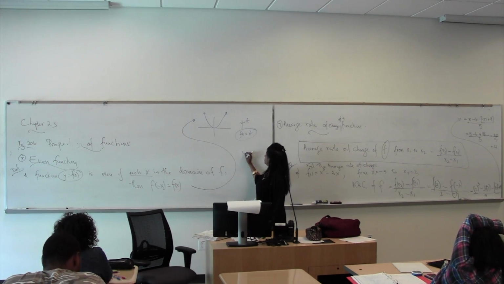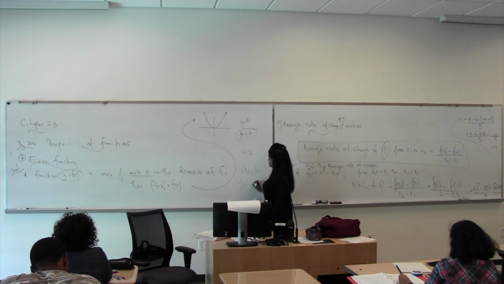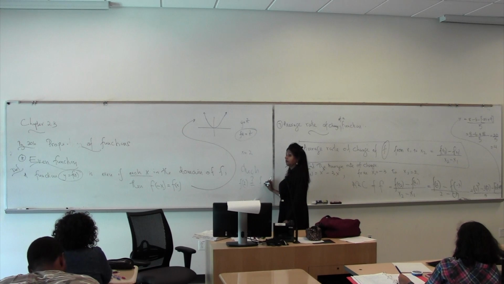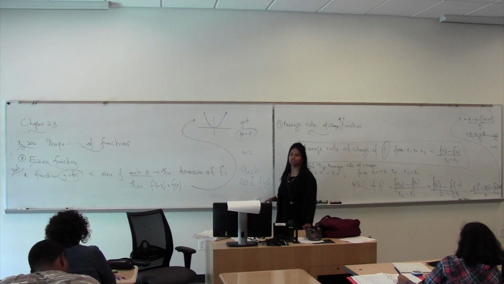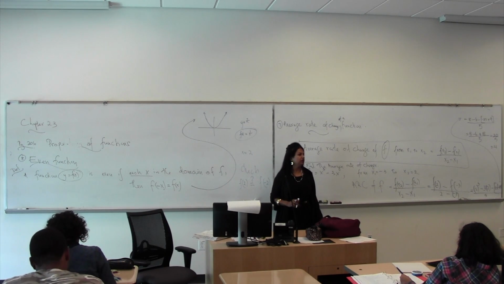So if x is equal to positive 2, now check here. Is f of 2 the same as f of negative 2? For each x we need to check whether this is the case, every x in the domain. Are you guys following?